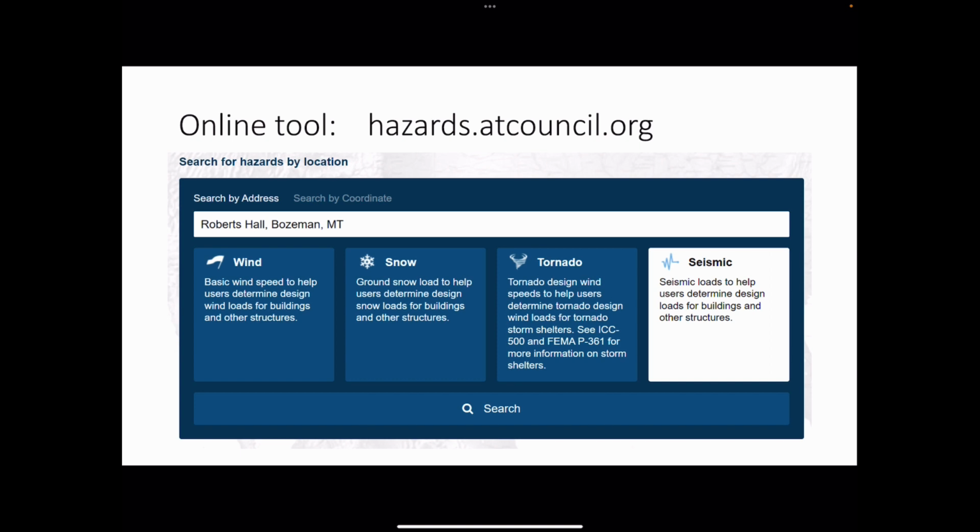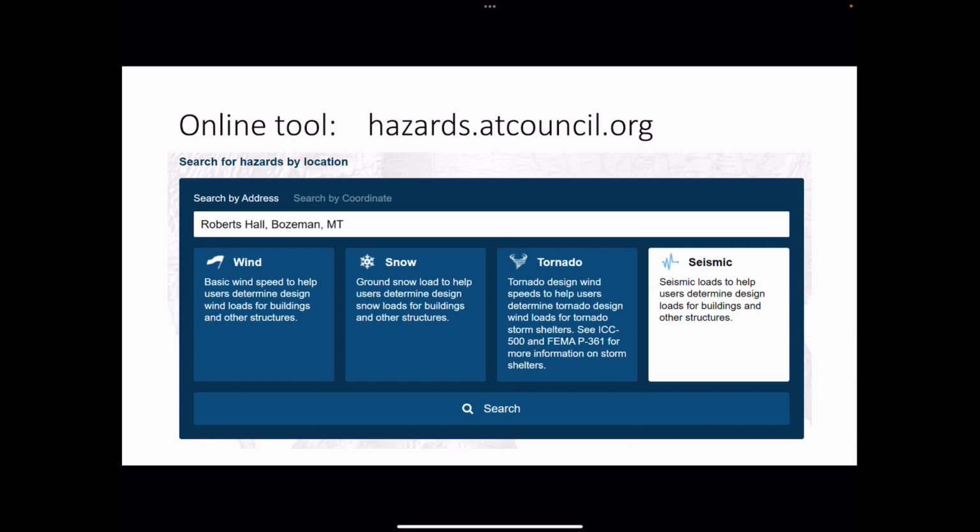All right, so this is showing you the online tool. You go to hazards.atcouncil.org to use this, and we can use it for wind and snow loads as well. I'm going to introduce it in the context of seismic loads, of course. You can search by address or enter exact coordinates.